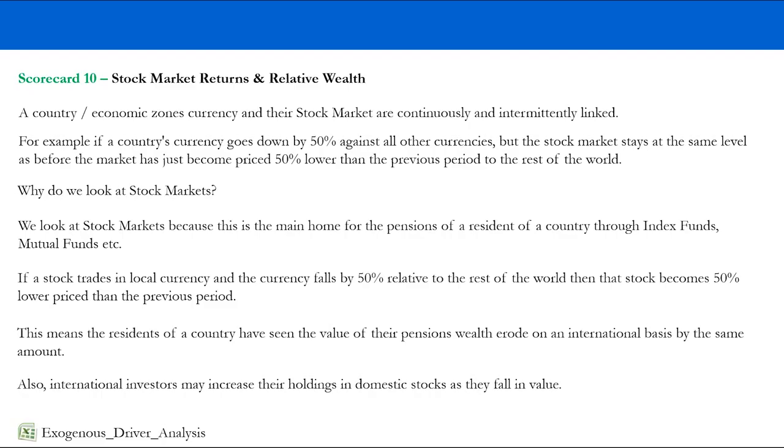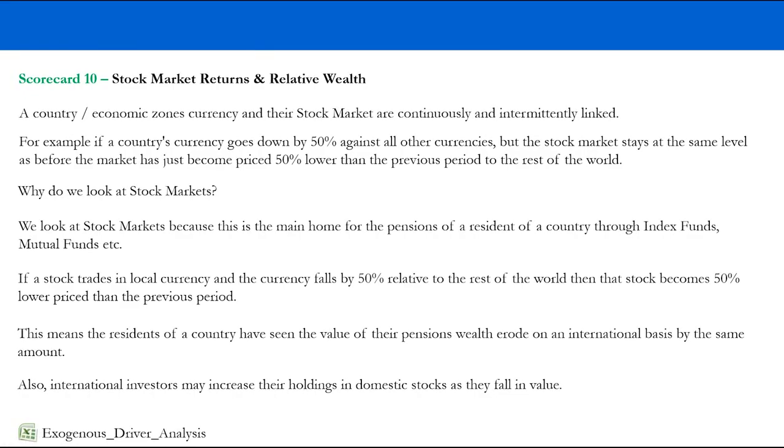Now, also, international investors may look when a currency falls to actually increase their holdings in overseas stocks as they fall overall in value. So this is why stock markets are important to our analysis, and stock markets and currencies, when we look at them together, is important to our analysis because they're inherently, continuously and intermittently linked.